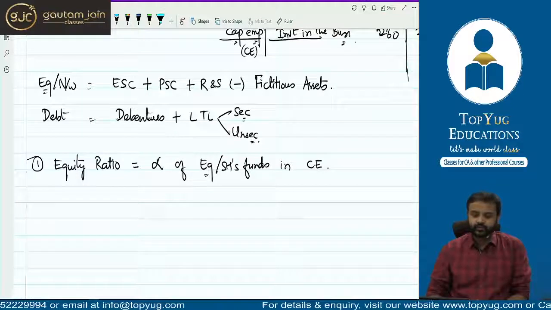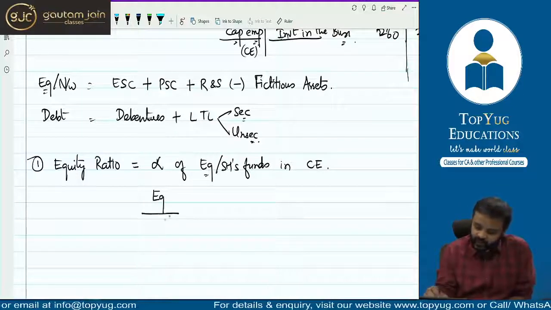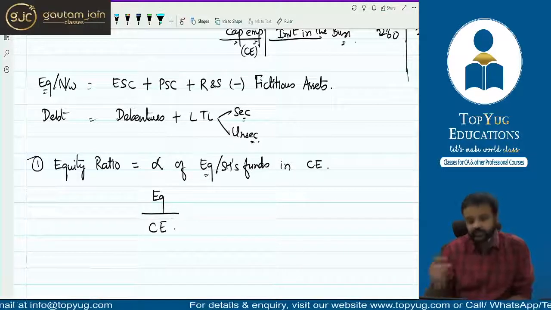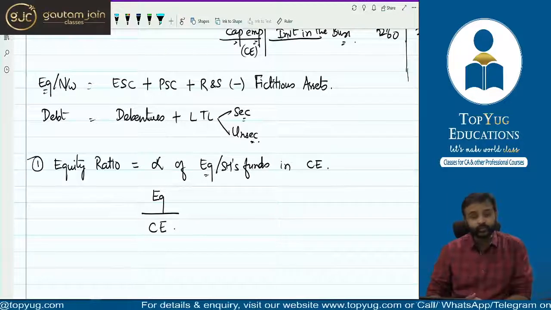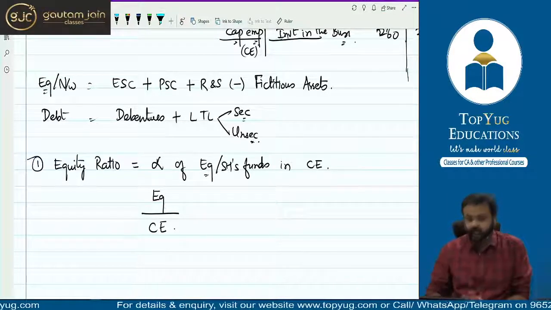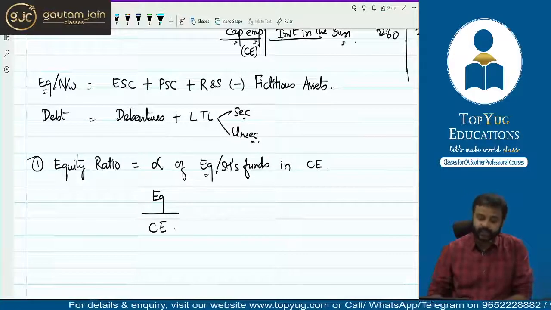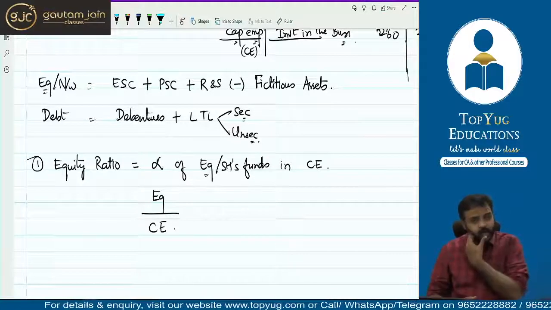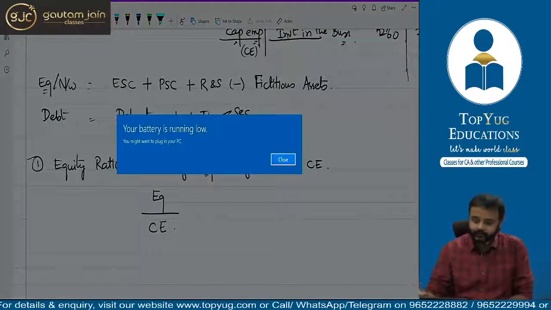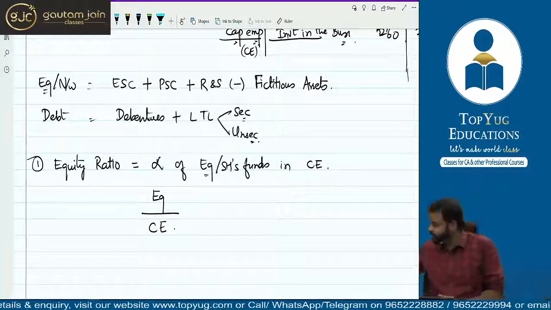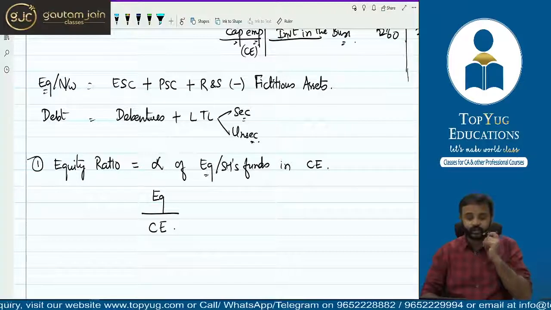Acha sir, so that means we are saying this is nothing but equity divided by capital employed. Yes, definitely, that's what we're talking about. Proportion of equity or the shareholders funds in the capital employed. So we're talking about equity divided by capital employed. Now please tell me, if we have more and more equity in the capital employed, is it going to be good or is it going to be bad?